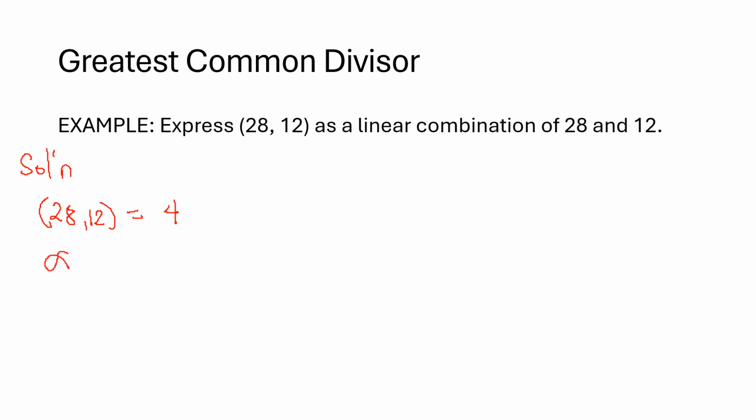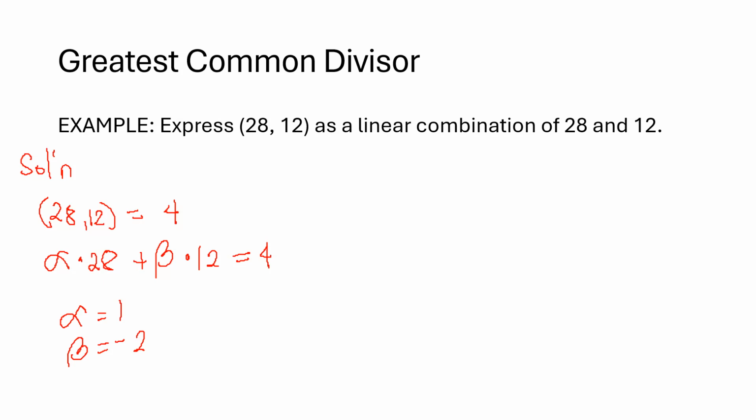alpha times 28 plus beta times 12 is equal to 4. So in this case, we can use trial and error. And through trial and error, we could have alpha equals 1 and beta equals negative 2.